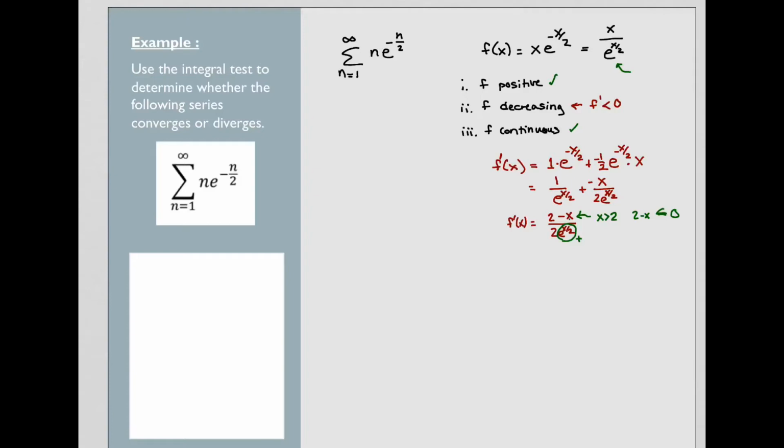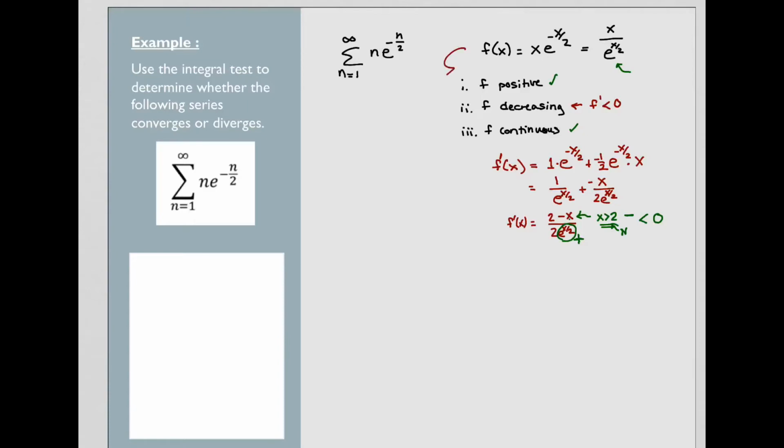So if the top is actually a negative number for all values bigger than 2, and the bottom is always positive, that means my first derivative will always be negative or less than 0, provided we're bigger than 2. So in this case, 2 is this N value, which as long as we're bigger than 2, our function will be decreasing.